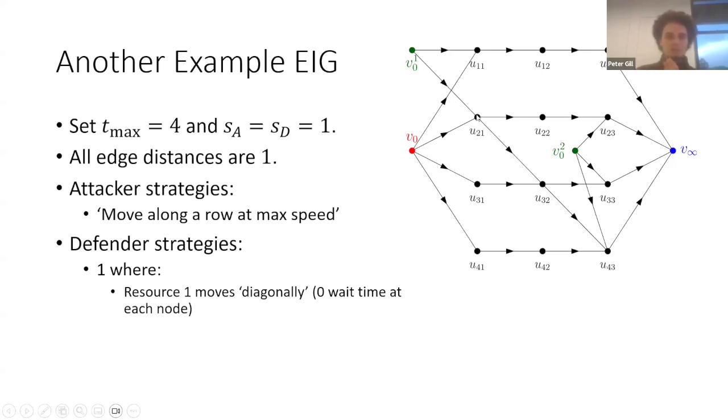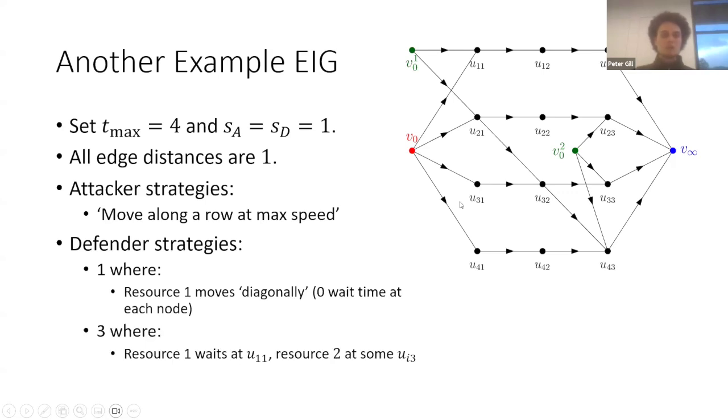And they spend 0 wait time at each of those nodes, and they can interdict each of those row strategies that the attacker would do for those 3 bottom rows. And then I don't really care what the second police officer does, because I'm already interdicting all of those strategies with the first one. So it doesn't really matter where the second police officer goes.